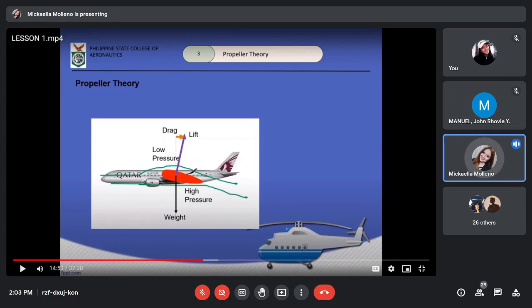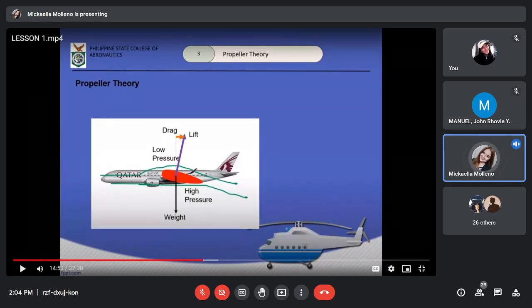Can we apply the same theory sa fixed wing and sa rotary wing when we, well, not exactly sa rotary wings, pero sa propeller natin? Can we apply the same idea ng lift generation, yung low pressure, high pressure? Anybody?